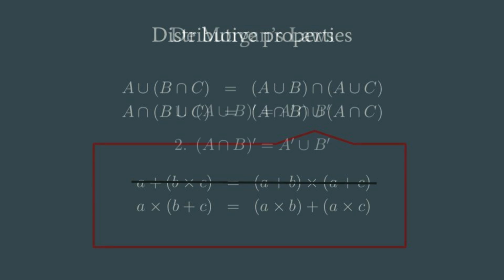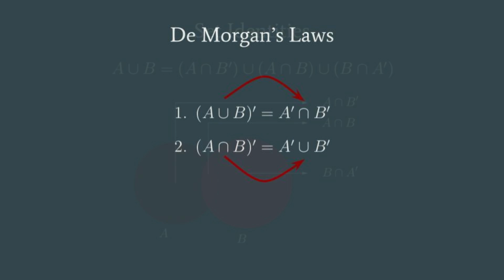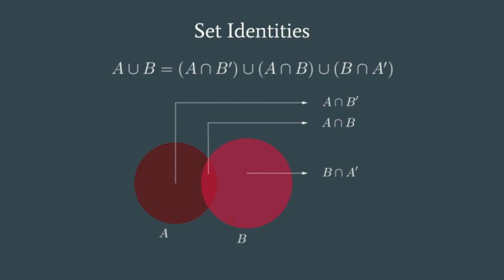Now note these two identities. These are De Morgan's laws. Notice that the operators have changed after applying the complement. See this Venn diagram. We see that A union B can also be written in this form.